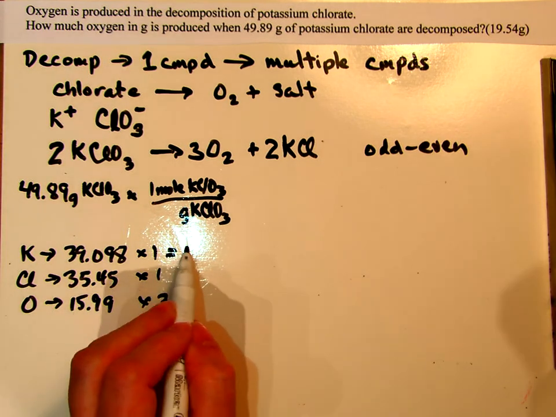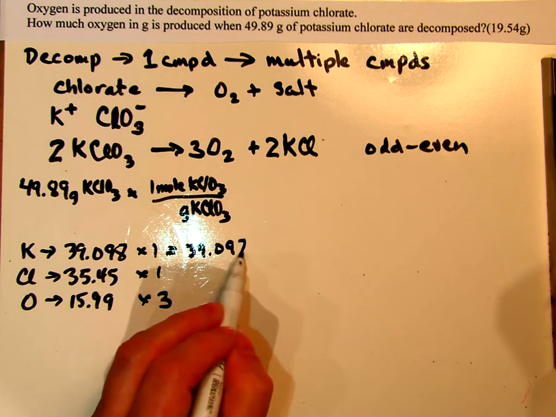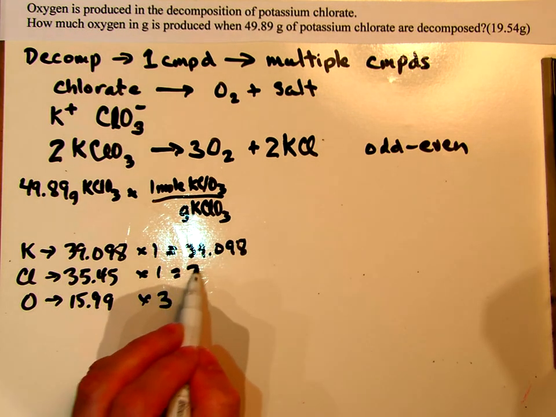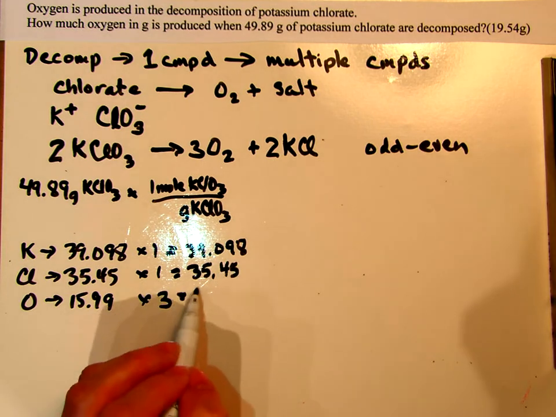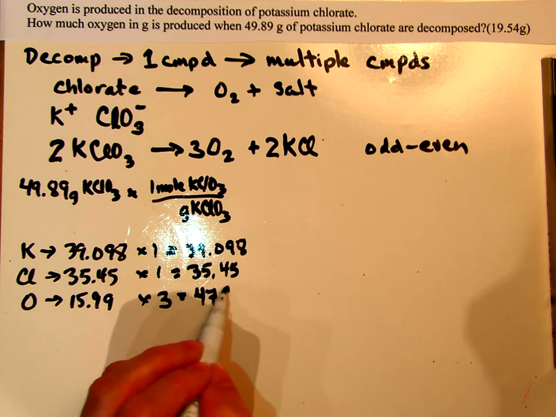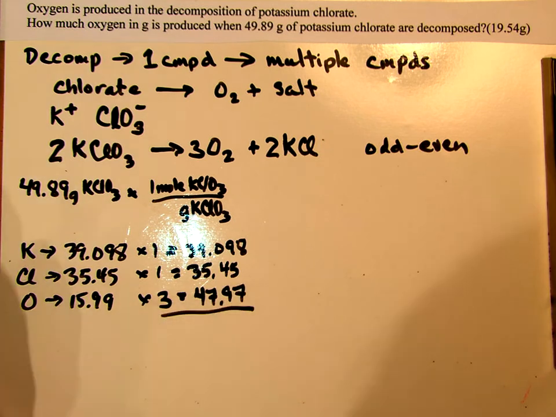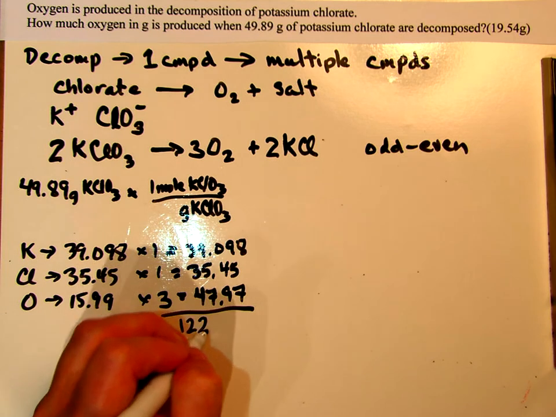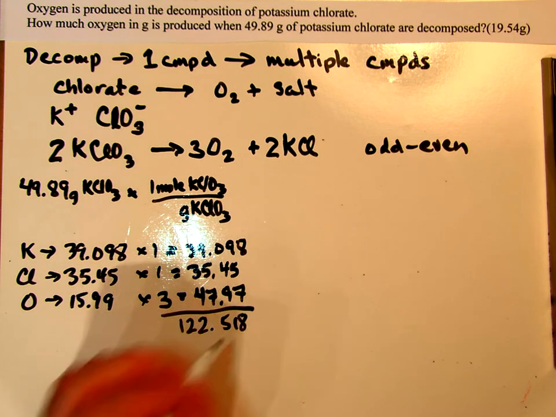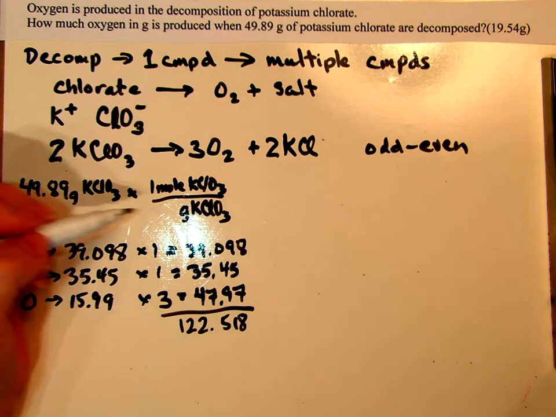So that's 39.098 coming from the potassium, 35.45 coming from the chlorine, and 47.97 coming from the oxygen. And if you add that all up, it works out to be 122.518 grams per mole.